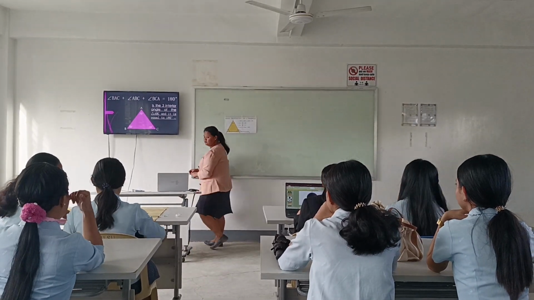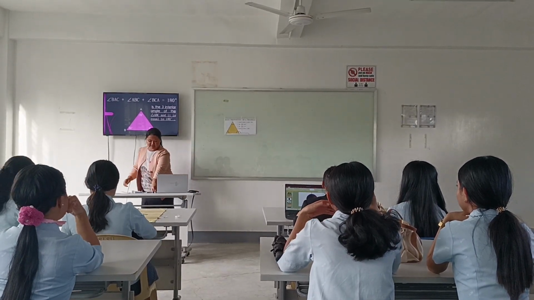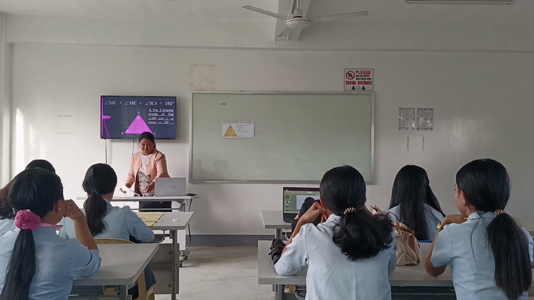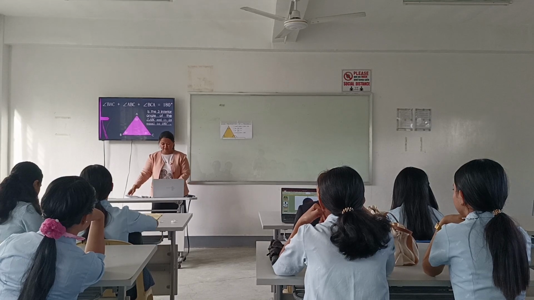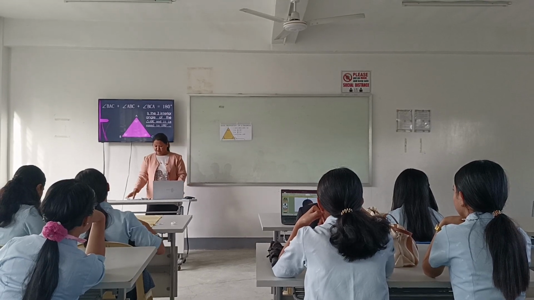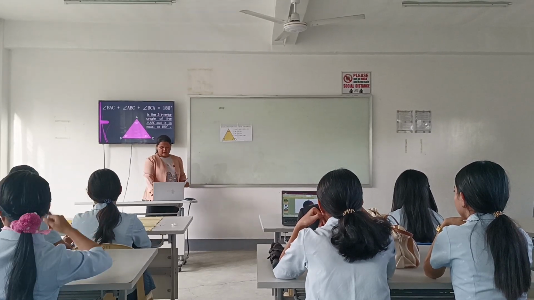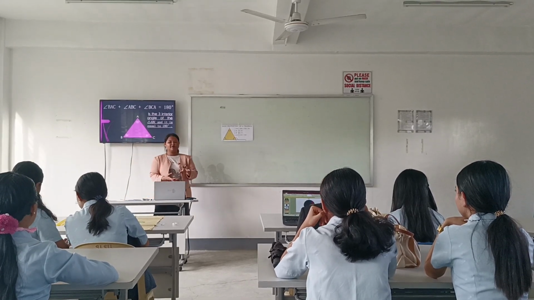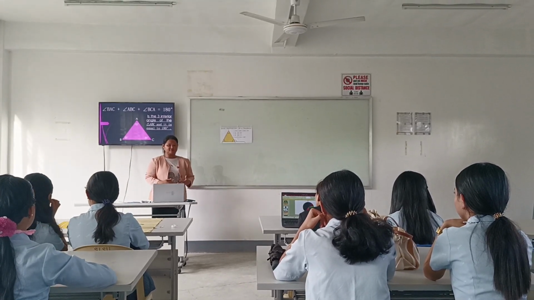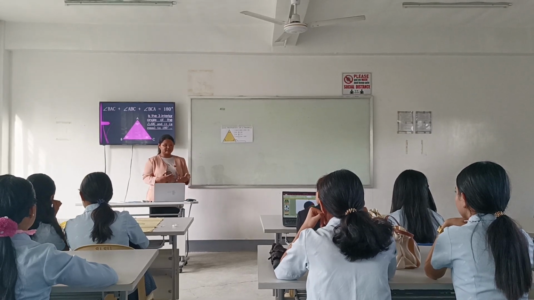Okay, now let us proceed to the explanation of the basic properties of a triangle. To get the measure, we know that the measure of the interior angles of the triangle is always equal to 180 degrees.